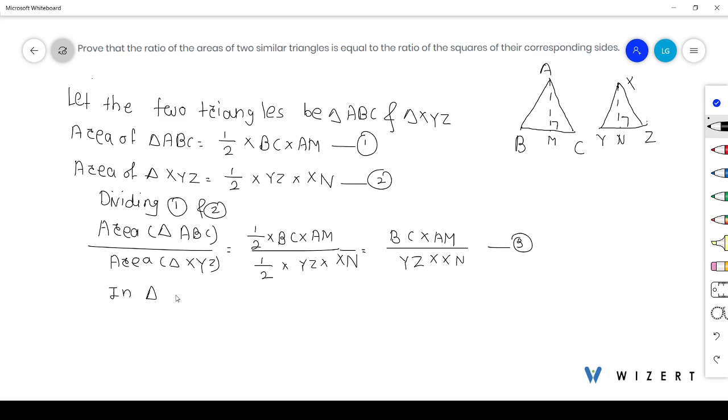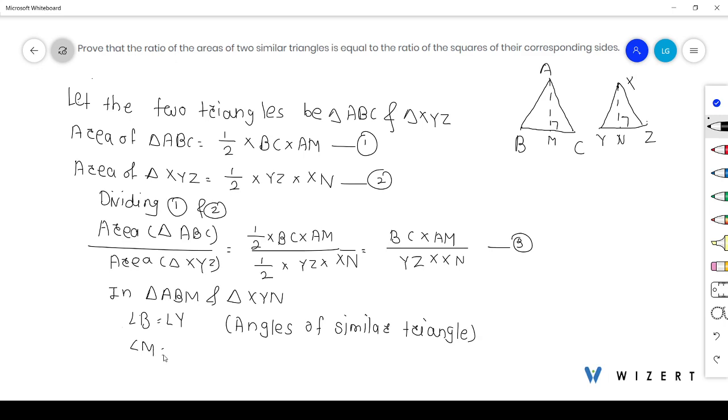Now, in triangle ABM and triangle XYN, angle B equals angle Y, as these are angles of similar triangles, and angle M equals angle N because both are 90 degrees.